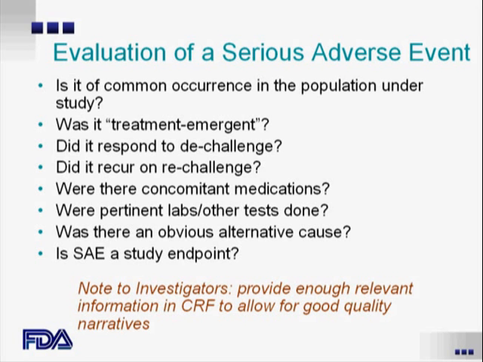Whether the adverse event diminished or completely resolved upon the discontinuation of the drug, or whether it recurred on rechallenge when the drug was reintroduced. Were there any concomitant medications that have a safety profile that could potentially have caused this particular adverse event?